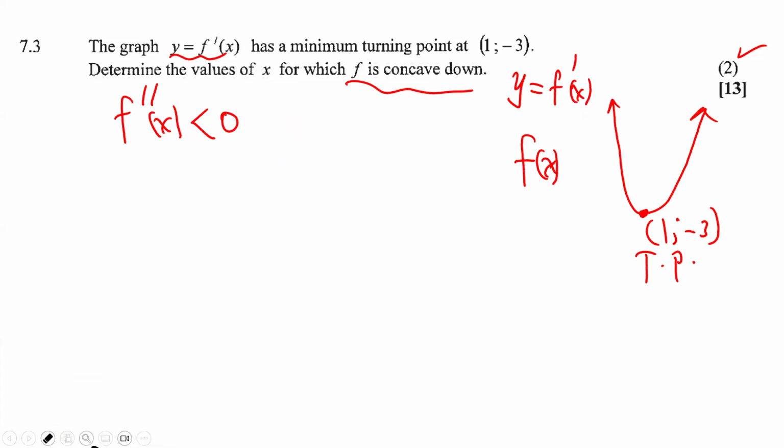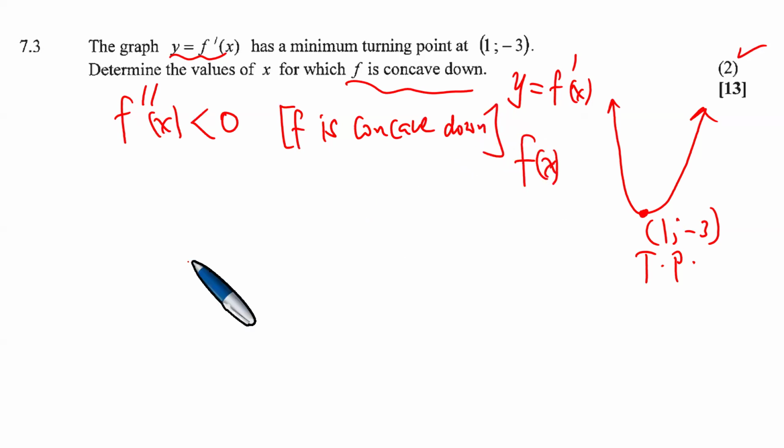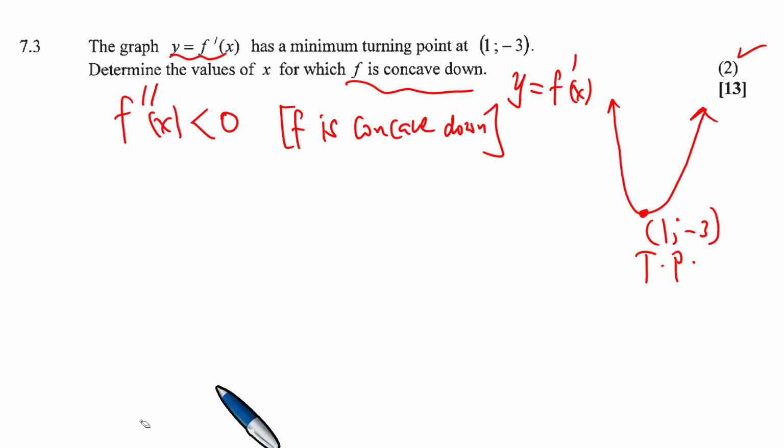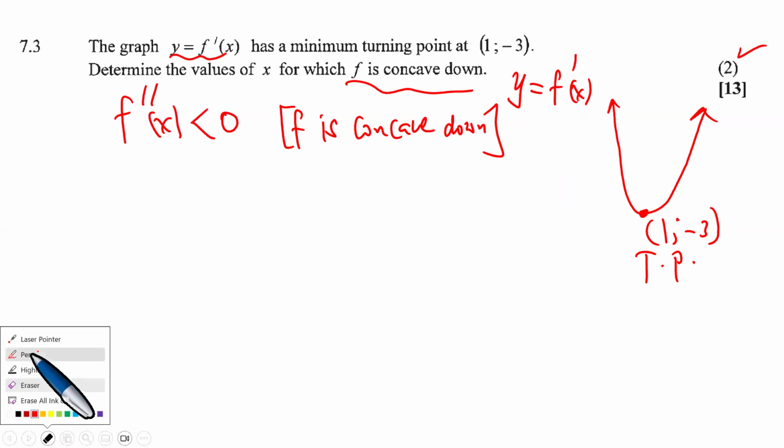So there are two things here. If the second derivative is negative, it means that f is concave down. That is the implication. Now what is the meaning of this?